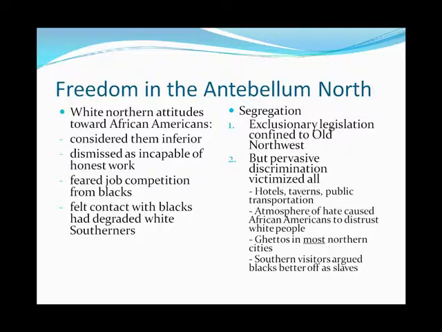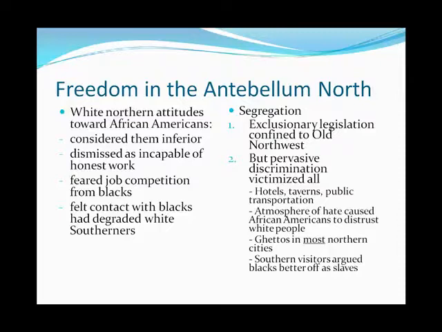They dismissed African Americans as incapable of honest work. They also feared job competition from blacks, and they felt that contact with blacks had degraded white Southerners. So they wanted to restrict the movement of free blacks.